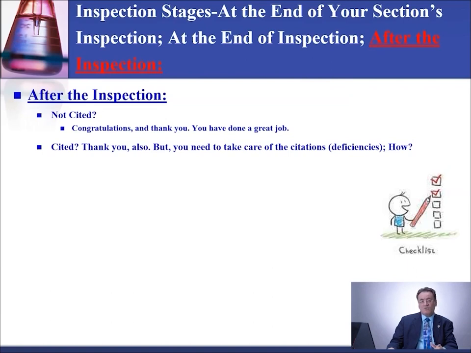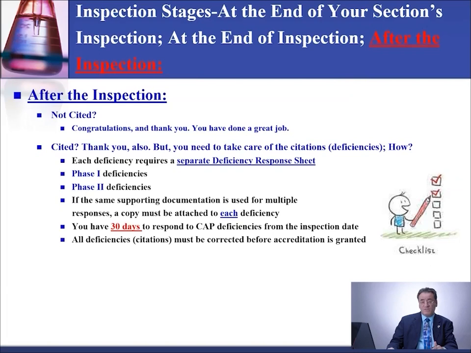If you are cited, you have deficiencies, but you need to take care of the citations or deficiencies that you have. How? Each deficiency requires a separate deficiency response sheet. For a phase 1 deficiency, you just respond by saying, I fixed it, but you don't need to provide documentation for that.